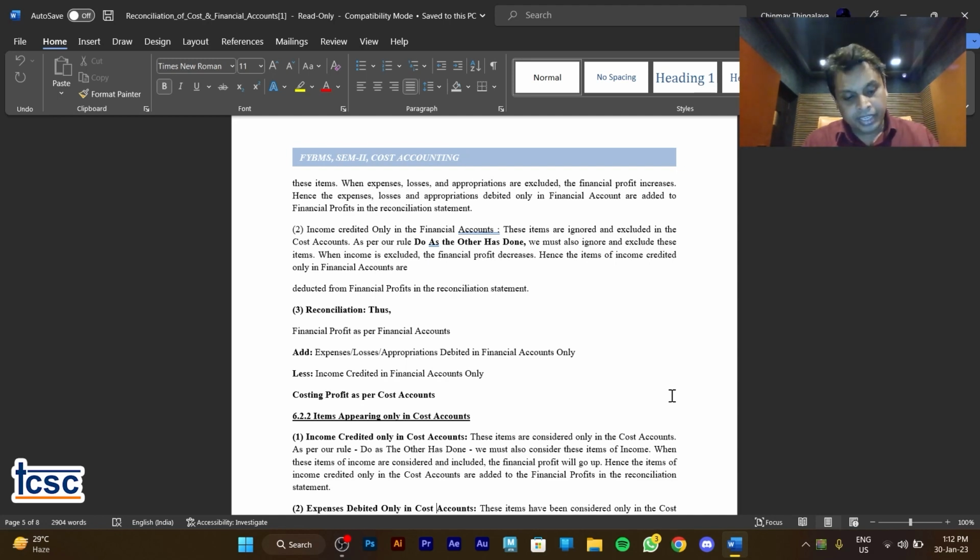Now suppose my cost accounting is showing a salary of 5,000, and at the same time my financial accounting is also showing the same amount. It means there is no deviation.